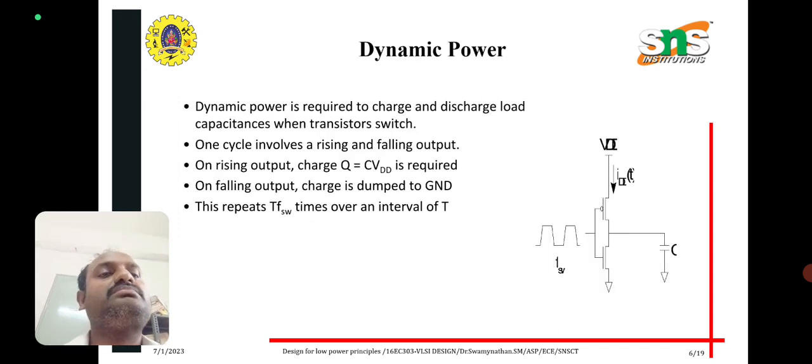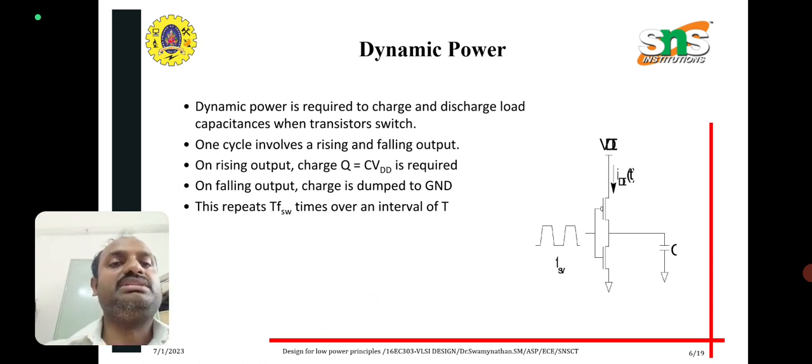The dynamic power considers charging and discharging because it uses capacitance. Capacitance functions like a UPS: it is charged, and when it is needed, it is discharged. So charging, and leakage means discharging.